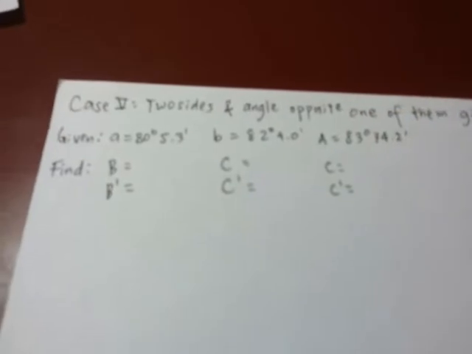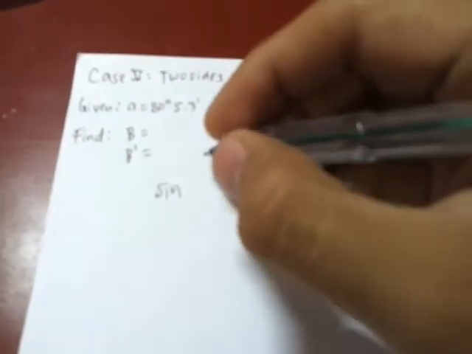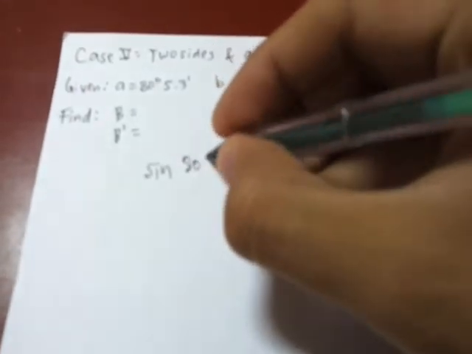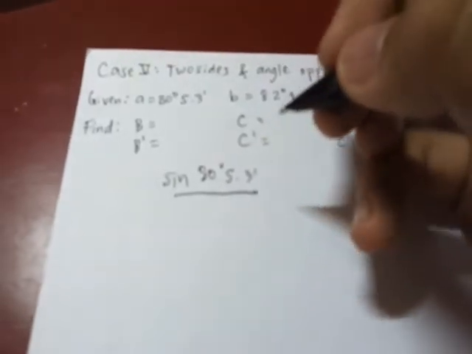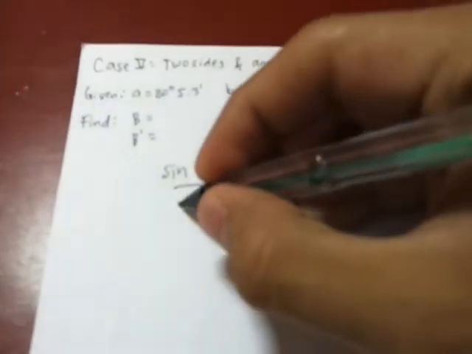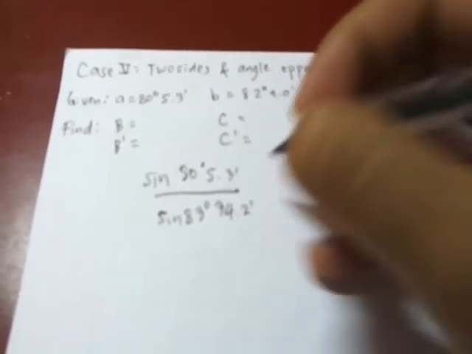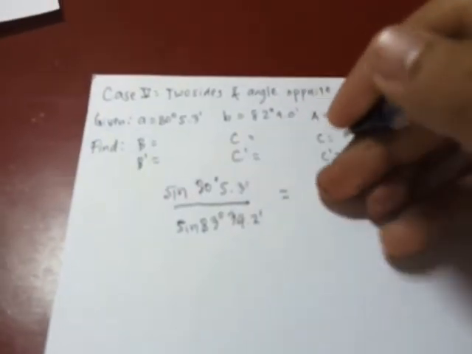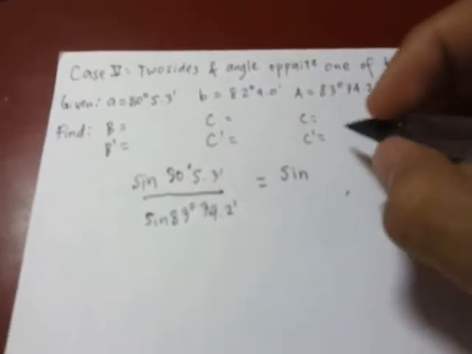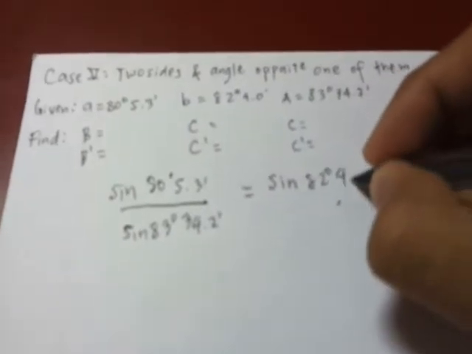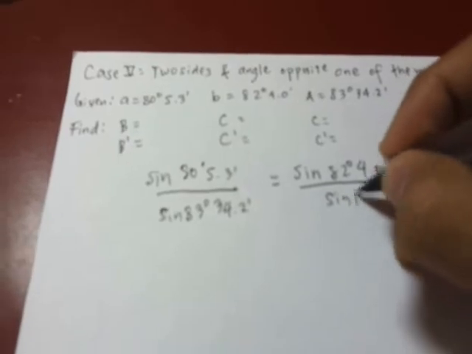Or, yeah, let's do this. So sine of small a, 80 degrees 5.3 minutes, divided by sine of 83 degrees 34.2 minutes is equal to sine of 82 degrees 4.0 minutes divided by the sine of b.